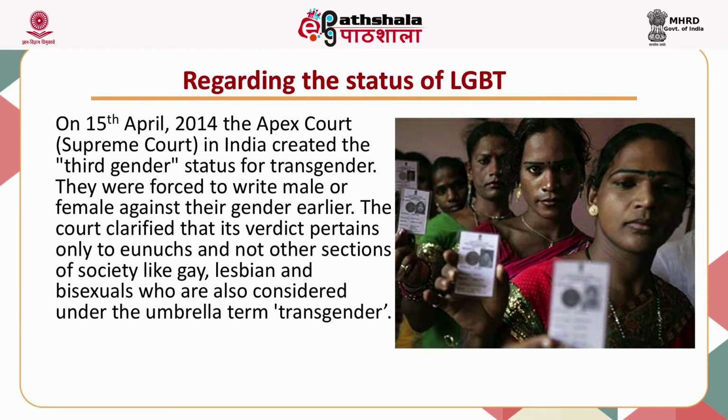With this landmark decision, India becomes the first country to recognize transgenders as a third gender. The Supreme Court also added that the third gender people would be considered as OBCs and would be given educational and employment reservations as OBCs.